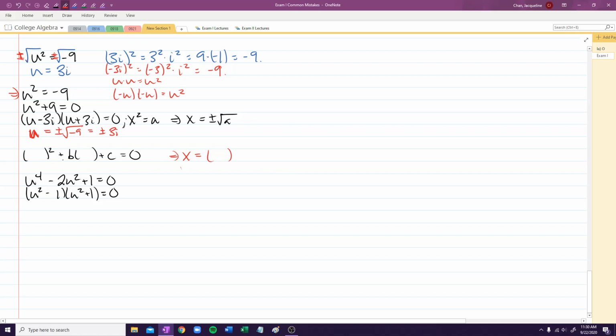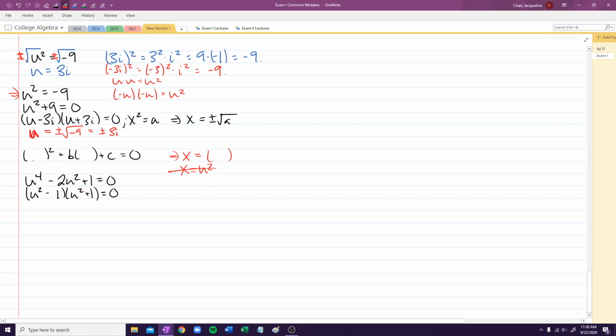Some of you substituted and said like, okay, x is equal to u squared or something like that. Okay, that's fine. You could have made it more simple by substituting it right away. All right, however, some of you didn't substitute at all, so you got points taken off because the instructions clearly said use an appropriate substitution and then solve.